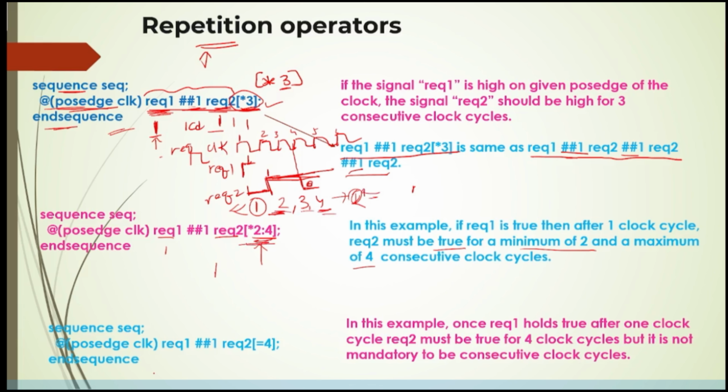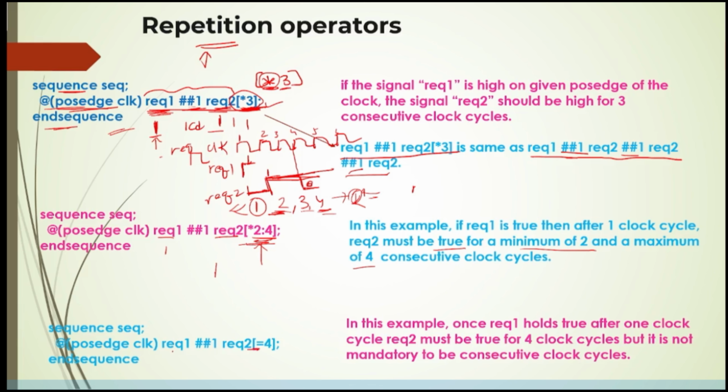For example, as I told you, you want it to be high for 3 consecutive cycles. Now if there is a condition that it should be high, but it is not mandatory that it be continuous, how can you write that? Instead of the star symbol, you can just use the equal to symbol.